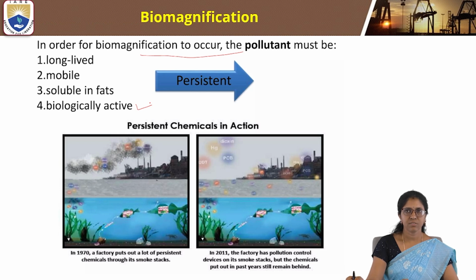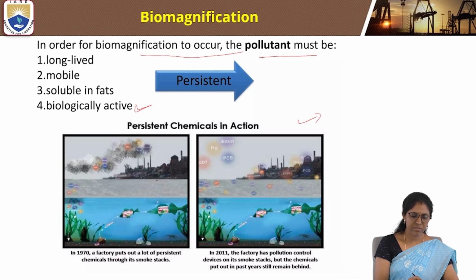What are the qualities of a pollutant? In order for biomagnification to occur, the pollutant should be long-lived, mobile, soluble in fats, and a biologically active compound. This diagram indicates persistent chemicals in action. This is one example.